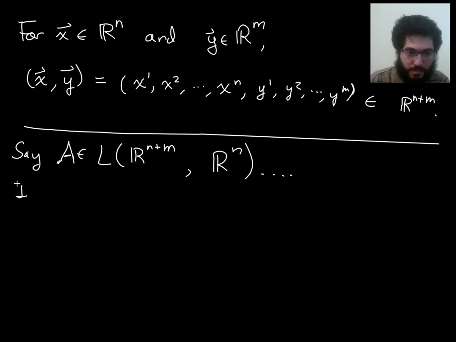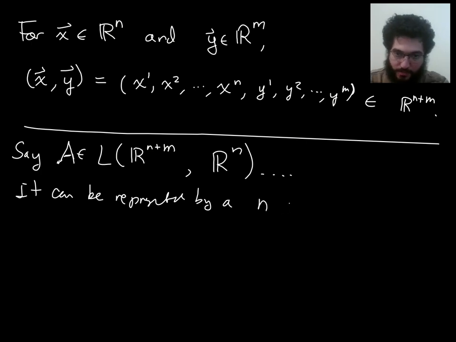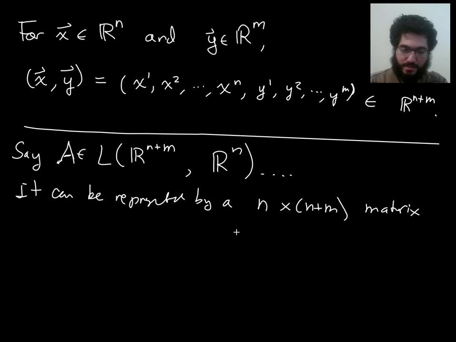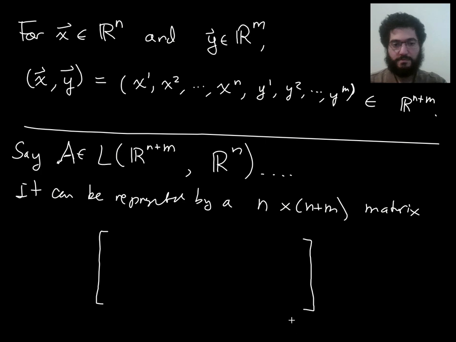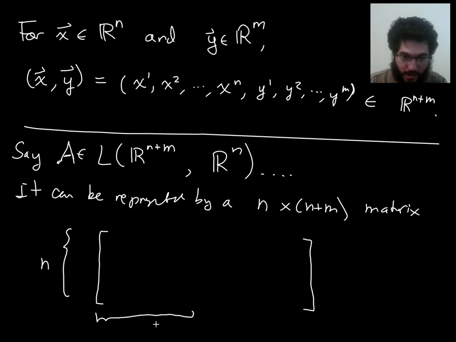If it can be represented, in the standard basis or any basis, it can be represented by an n row, n+m column matrix. So think short, fat matrix. So n rows, and then there are n columns here, and then m remaining columns.